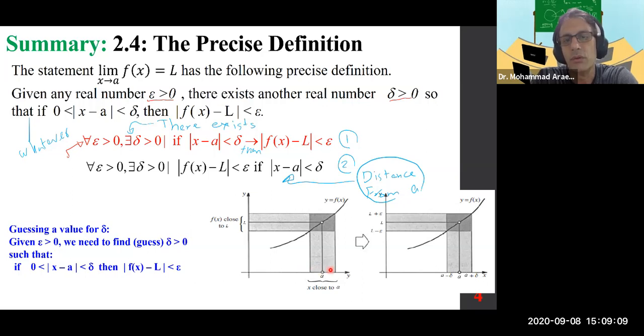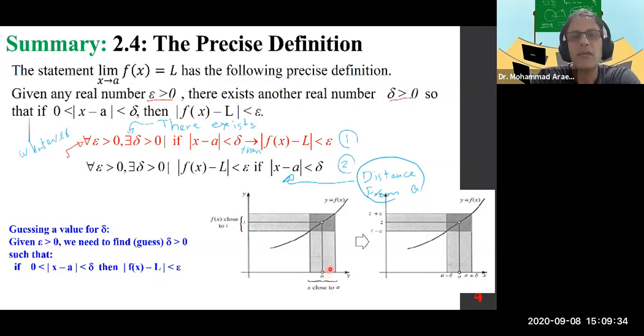We are talking about those distances. Distance from the left, distance from the right. So that's what absolute value of x minus a is referring to. So if this distance is small, how small is that? Smaller than delta. This distance is considered delta. If it's less than delta.